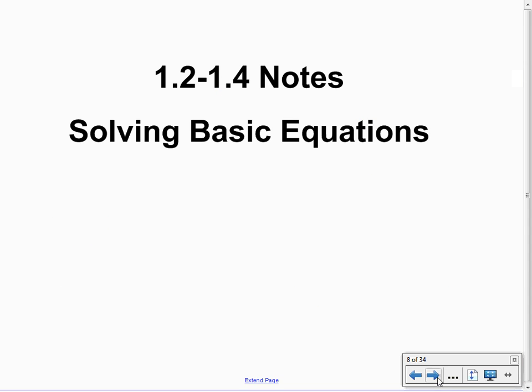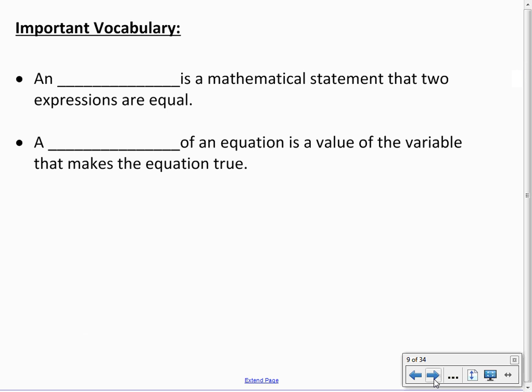So let's talk about solving. Now, an equation is a mathematical statement that shows that two expressions are equal to each other. So you have one expression equal to another expression.